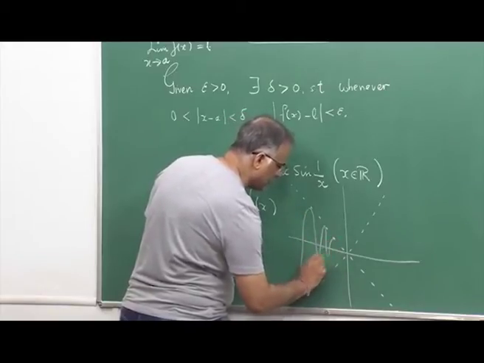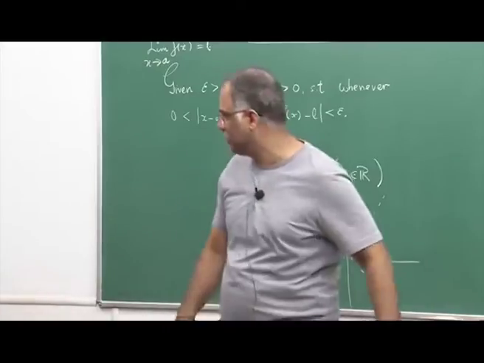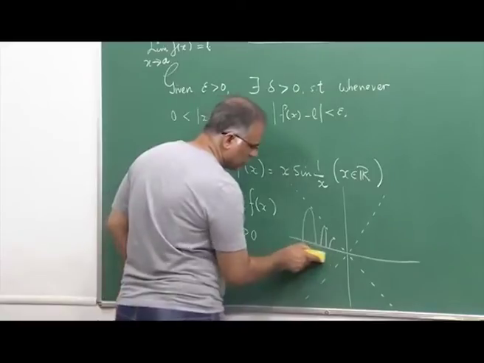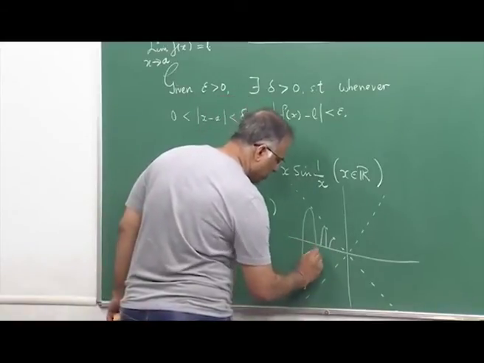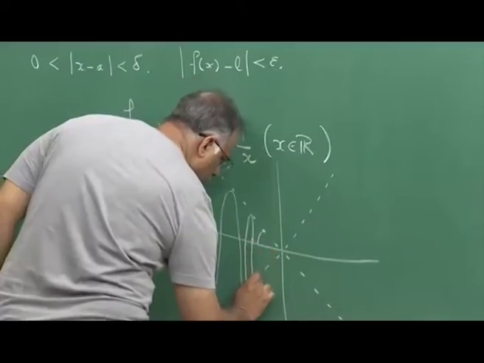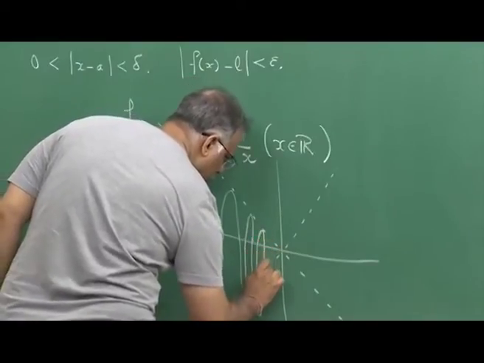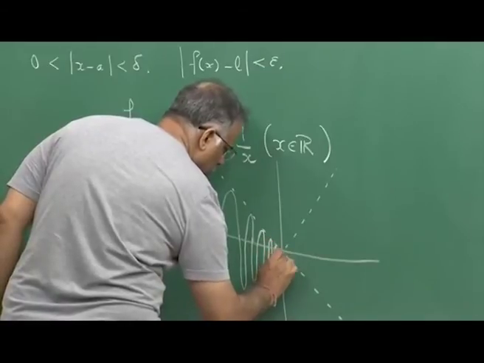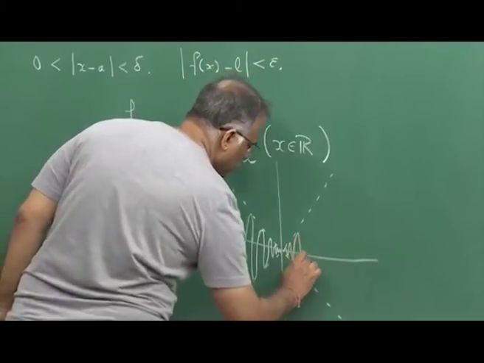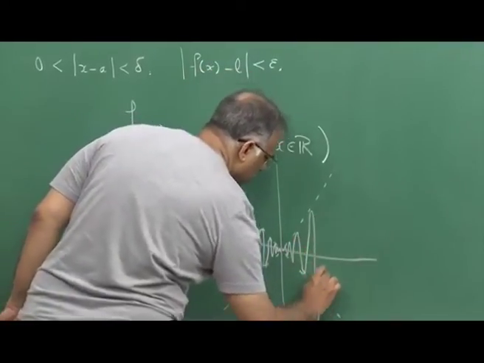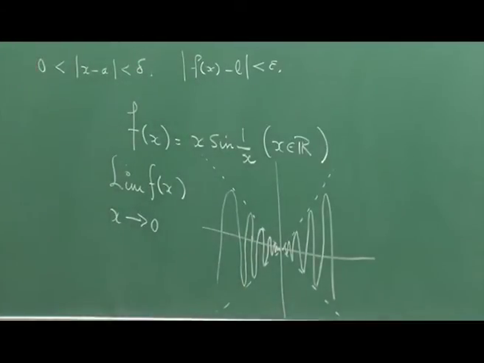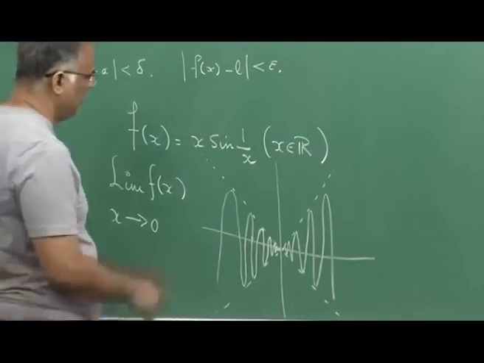It oscillates, meaning it touches these lines y equal to x and y equal to minus x, and it oscillates heavily near 0. Of course, there is a wonderful symmetry of this stuff, and so on. So, this is the graph of f(x) equal to x sin(1/x).